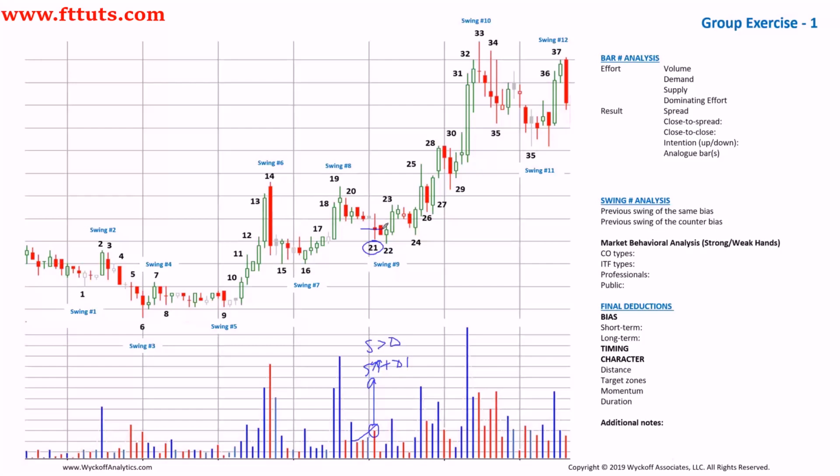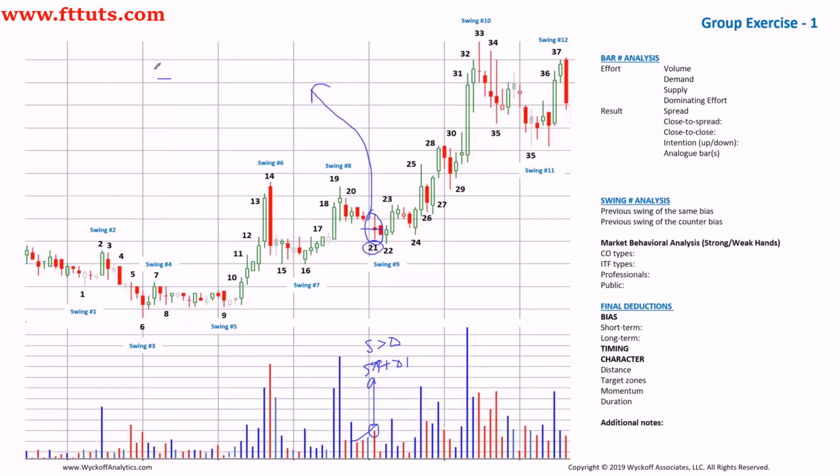We closed down. But did demand increase or decrease on that bar? Decrease, slightly down. I would say that probably it's up. And the reason is because let's look at the intraday picture and blow it up.